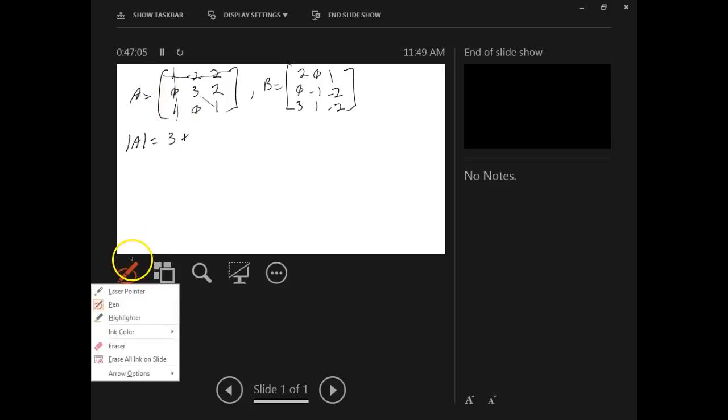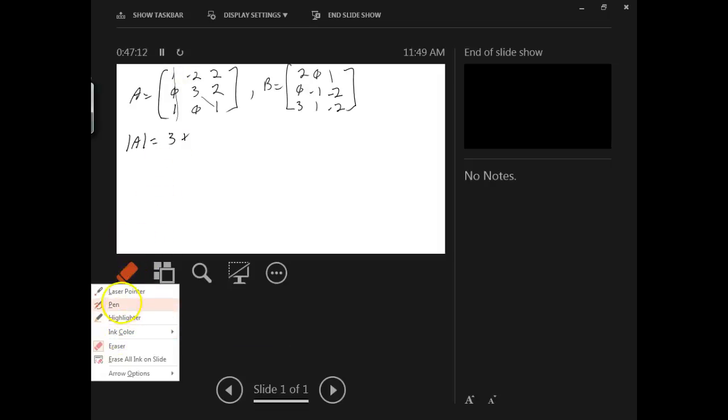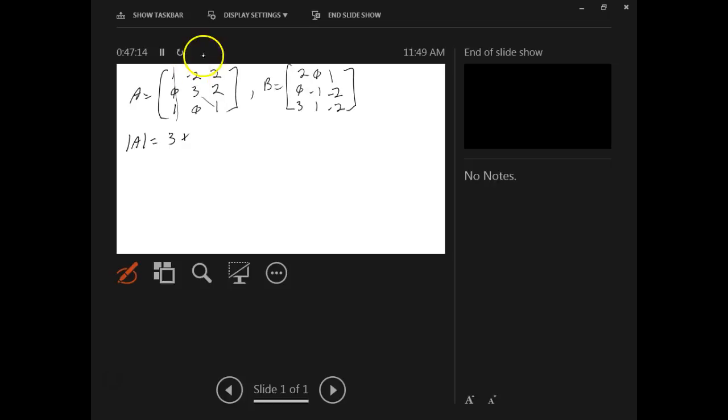And let me erase the stuff that might be confusing. Okay, we're going to the third, so we're going to wipe out still the first column, but now the third row. And its determinant is negative 4 minus 6.